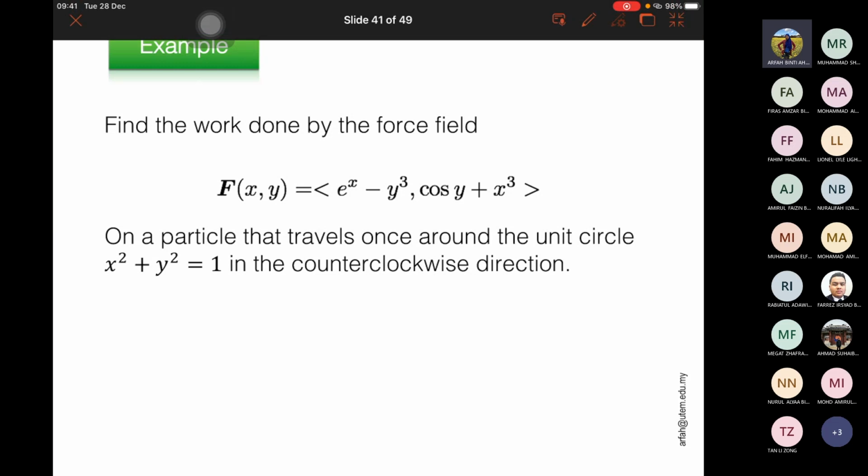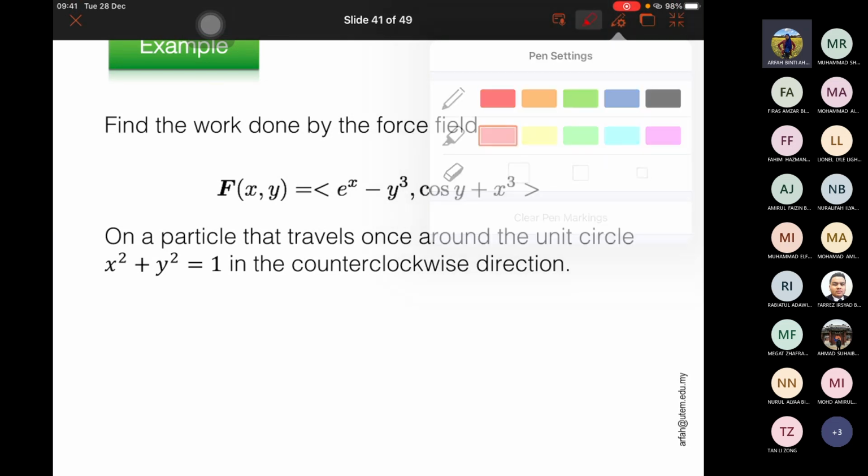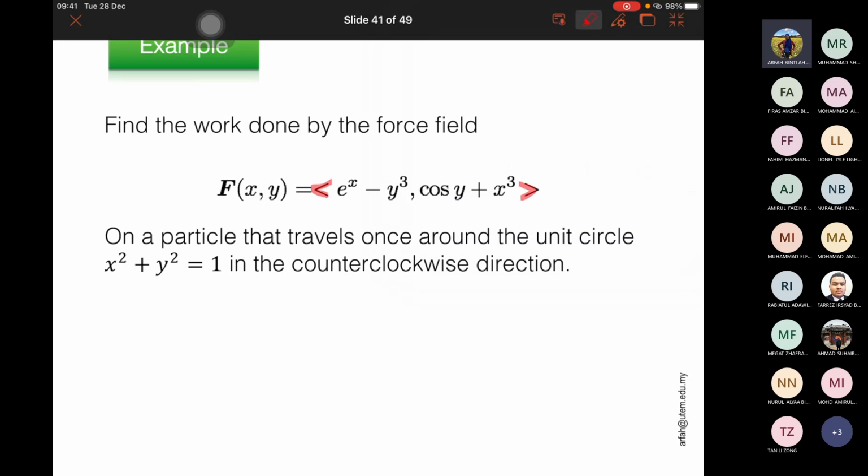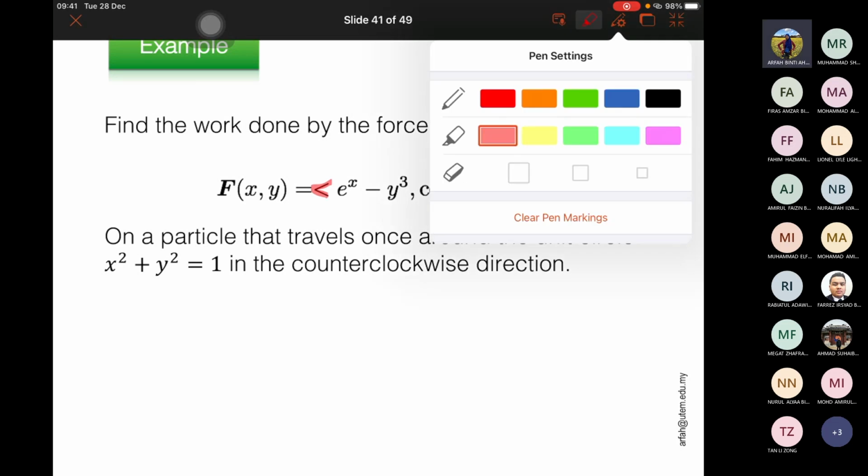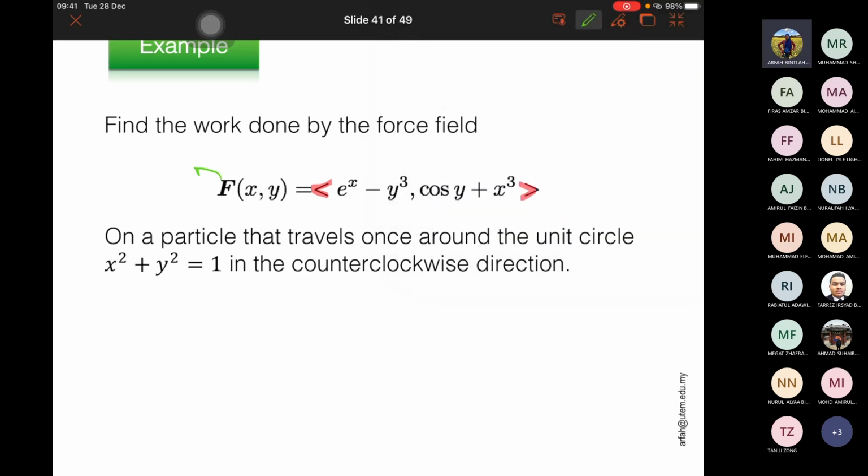So this is another way to write a vector. We can use this one, which is actually a vector function because F is in bold. So the vector is actually F(x, y) equals e to the power x minus y to the power 3 i plus cos y plus x to the power 3 j.